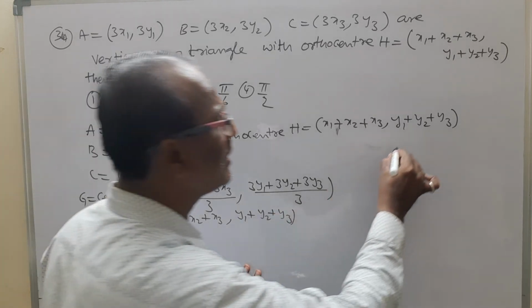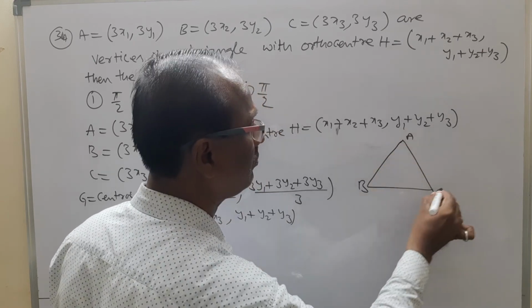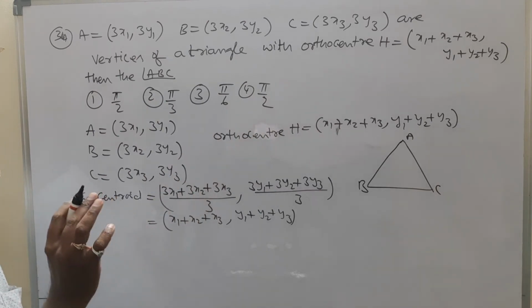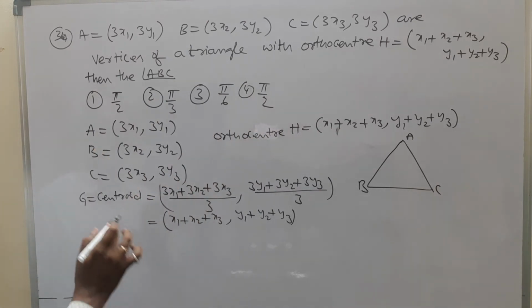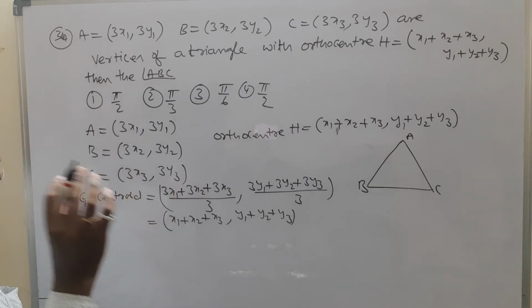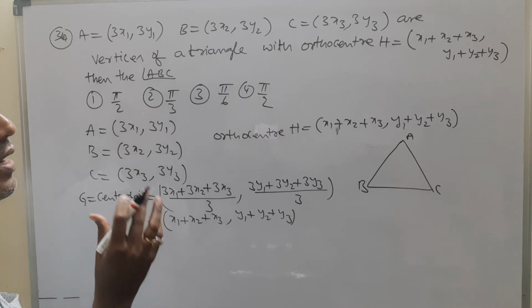If the triangle is equilateral, then the centroid, orthocenter, circumcenter and incenter all coincide. In which triangle? Equilateral triangle.